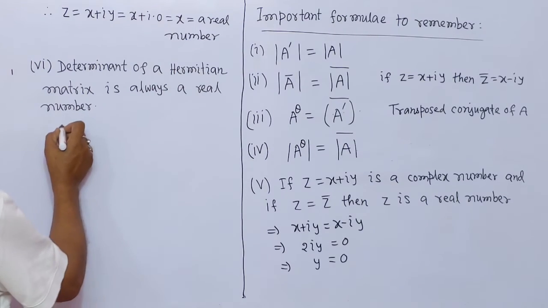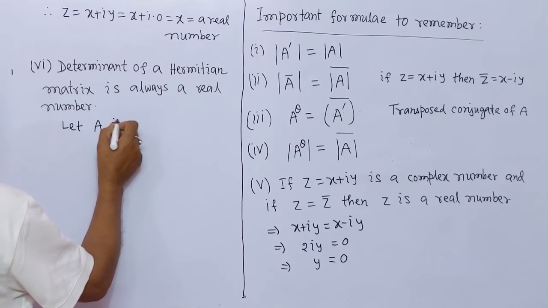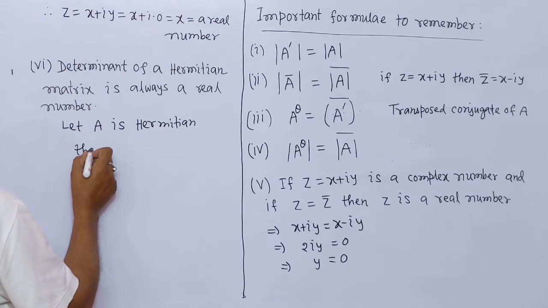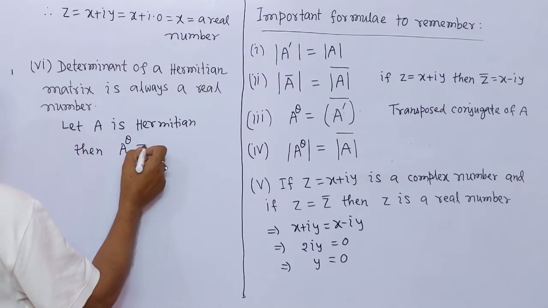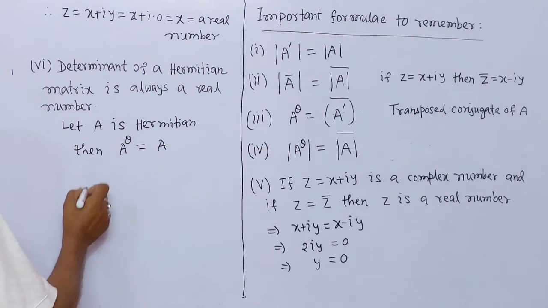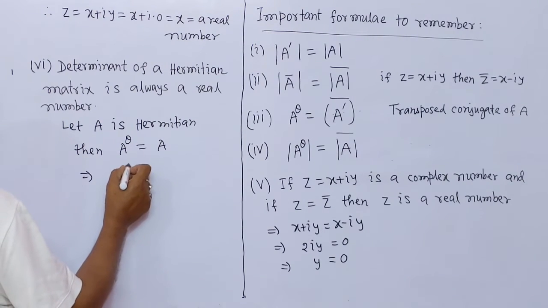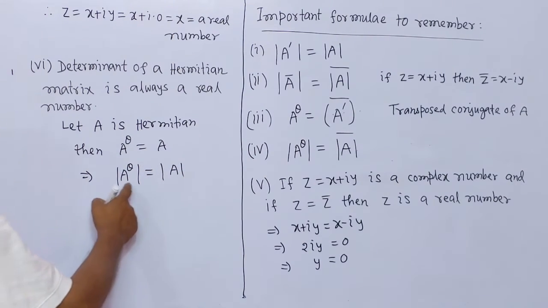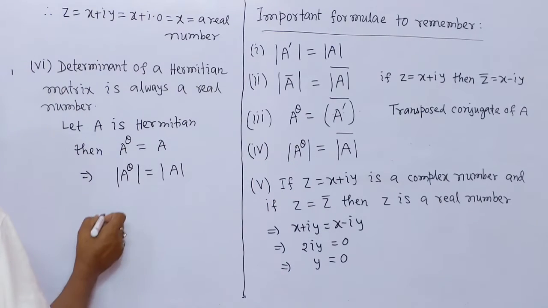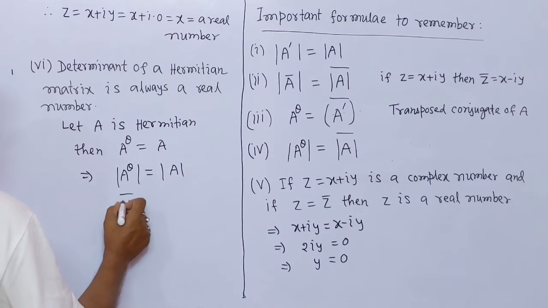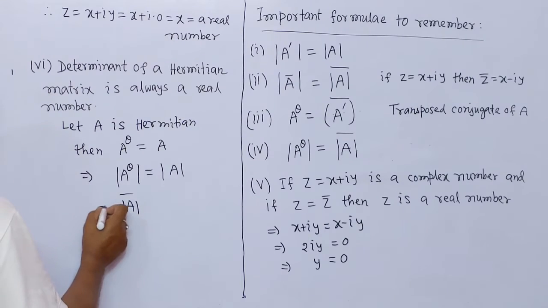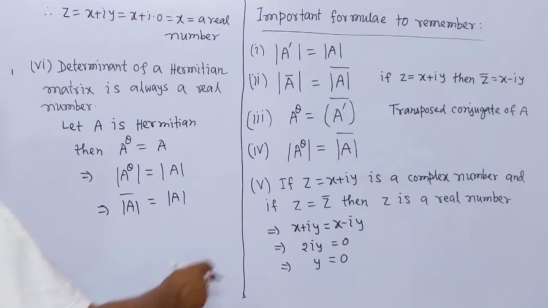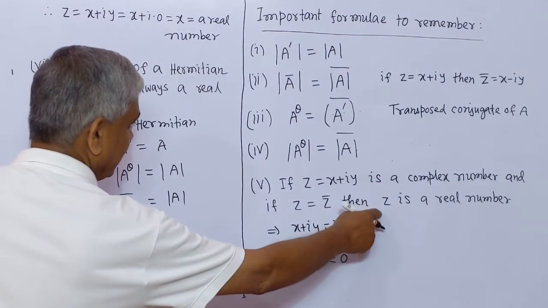Let A be Hermitian, then A theta equals A, implies that determinant of A theta equals determinant of A. Determinant of A theta is conjugate of determinant of A, equal to determinant of A, since if Z equals Z bar, then Z is a real number.